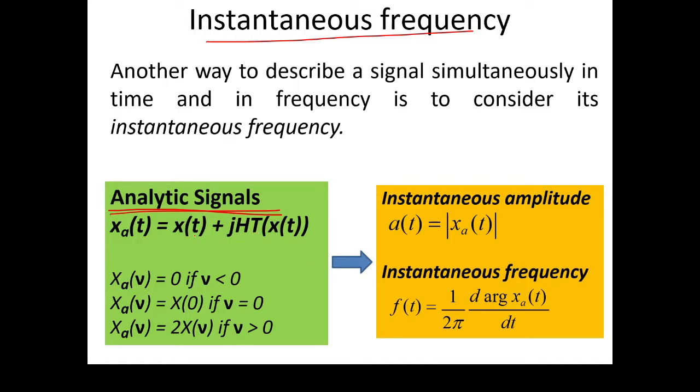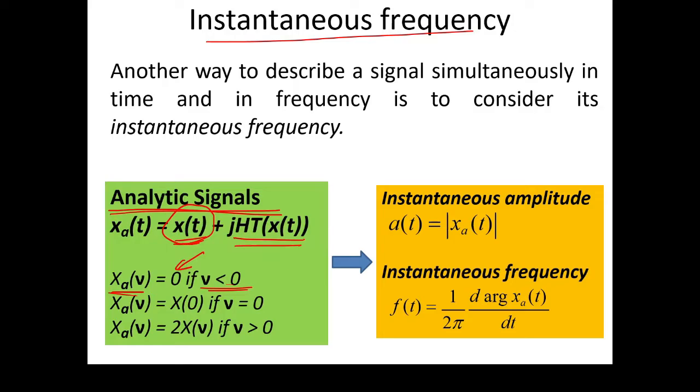Now, what are analytic signals? Analytic signals are nothing but x(t) plus j times the Hilbert transform of x(t). I'm not going into the details. Suppose you have a signal x(t). The analytic signal will have its frequency components less than 0 put to 0 amplitude.